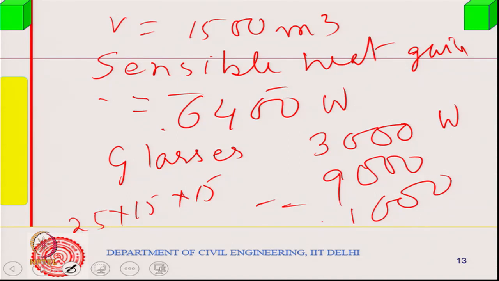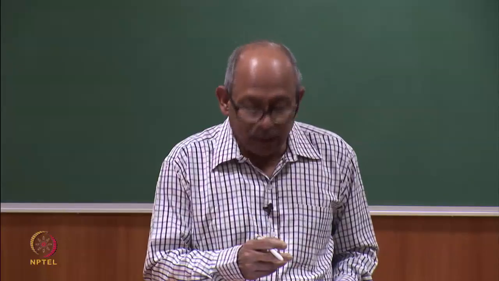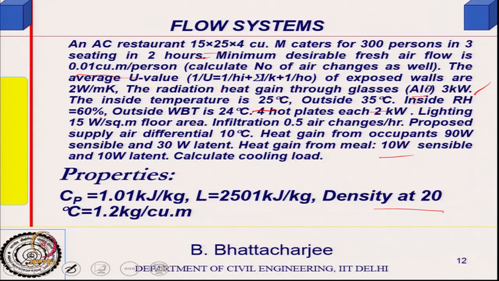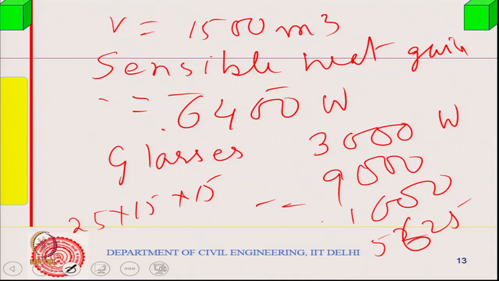That would make it 15 into 25, 225, into 15, 5625, okay, let us say that. And then I will have some from the heaters. What is that heater? 4 hot plates of 2 kilowatts, that means 8 kilowatts, 8000. So, I add another 8000.